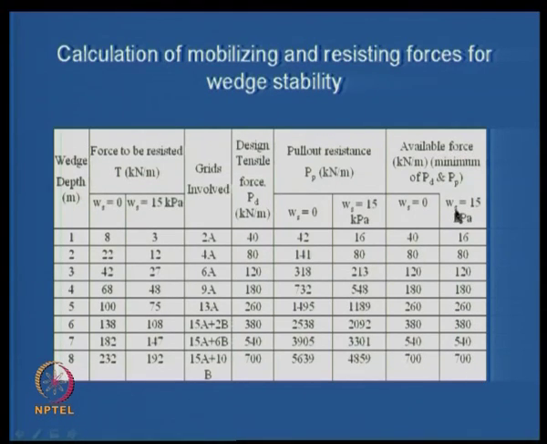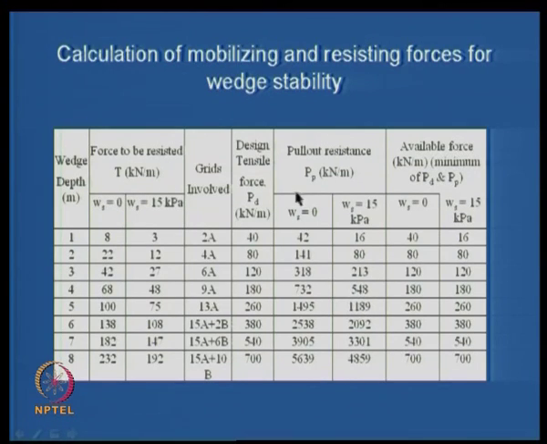So, all these things we maintain, and see that this is the minimum, this is what we have, and the design strength you compare actually, okay. So, they have to be more than that, at any stage, the pull-out resistance has to be higher.